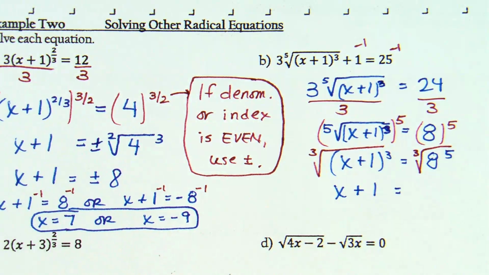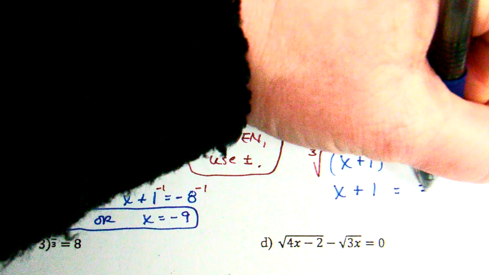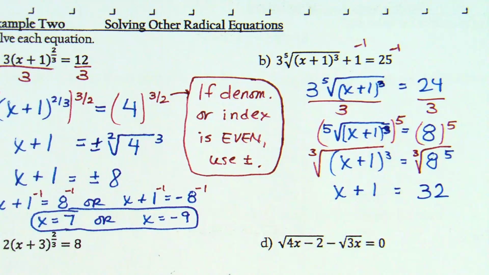What's the cube root of 8? 2. 2 to the 5th? Technically, it'd be right here. 32. But my point is, is that doable without a calculator, technically? Yes. Exactly. Now, yeah, 8 to the 5th. Did you see me doing that out by hand? No. I would have grabbed the calculator if I had to do that.